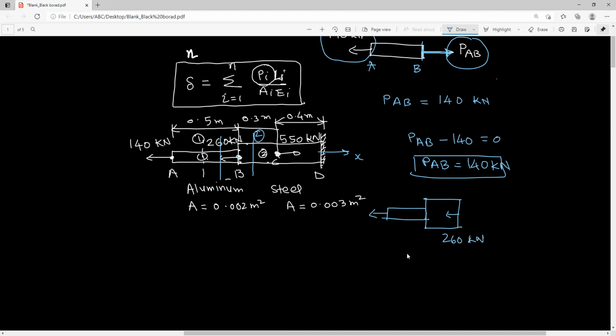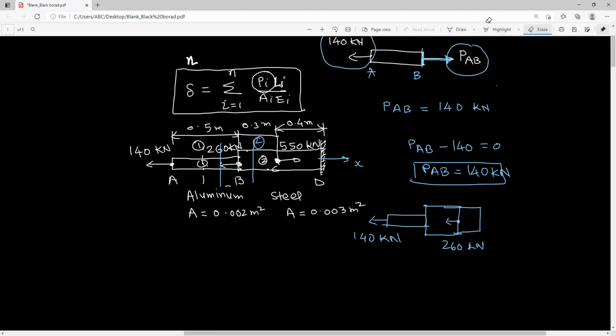Here it is, of course, the 140 kilonewton. Now look at the direction, both the forces are acting in the same direction. You have taken the section and this force is acting in the outward direction, let's say in part BC.